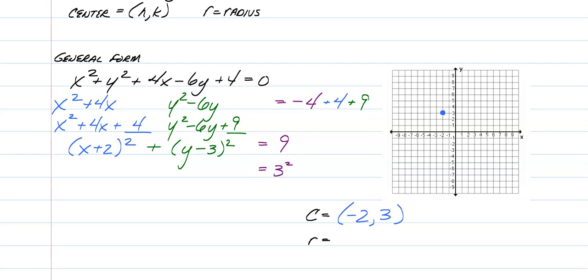It doesn't matter, but you need to know that your radius is 3, not 9. And now all you have to do is go 3 units to the right, 3 units up, 3 units to the left and 3 units down, because in a circle, radii are always congruent in every direction you can possibly go. And now you are done. That's how you graph a circle.